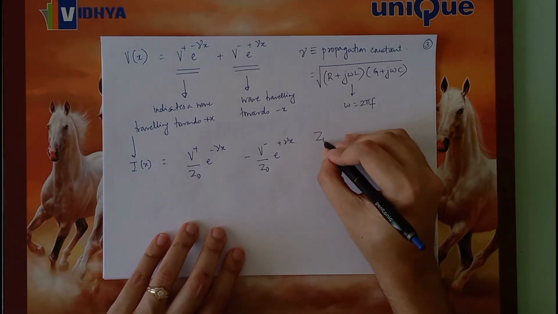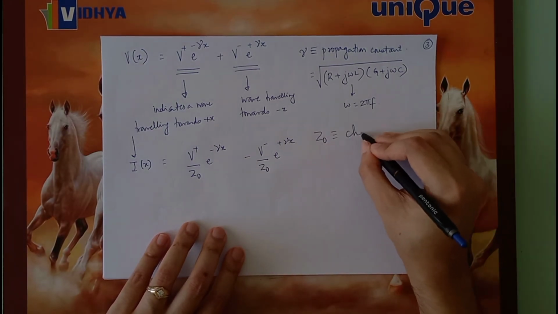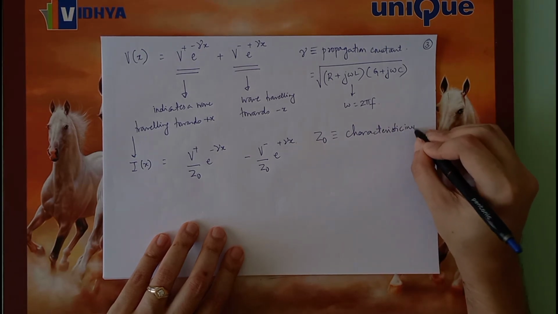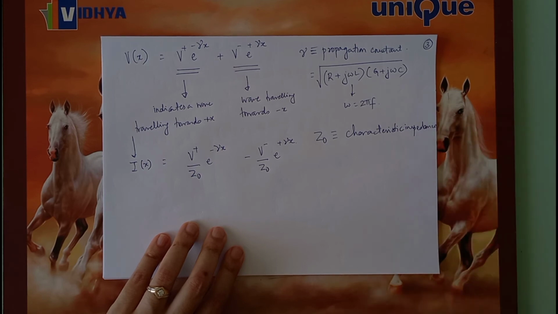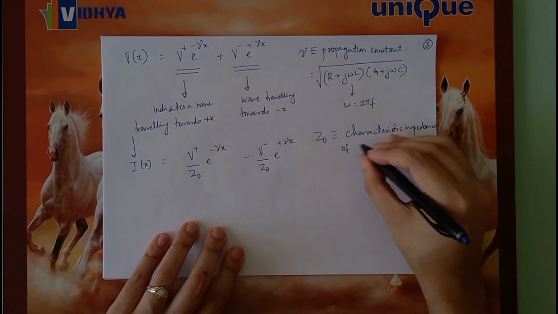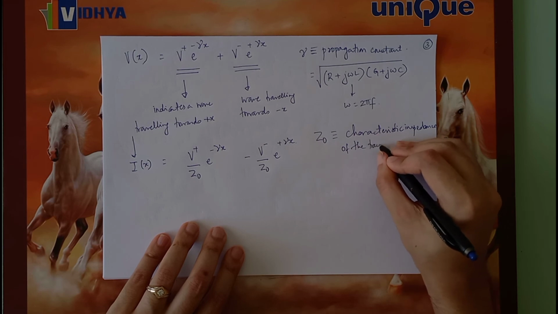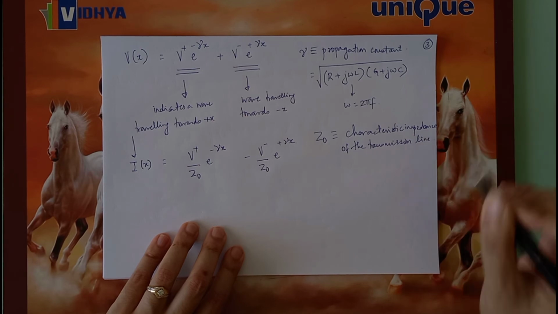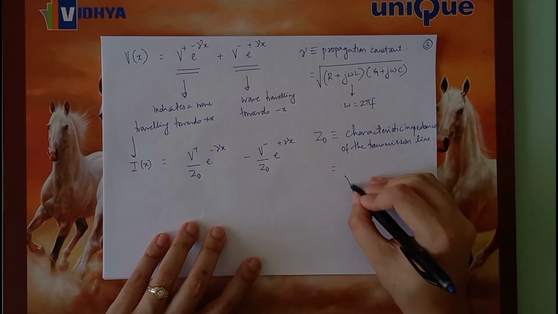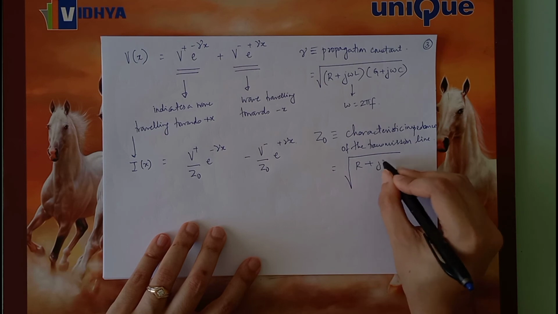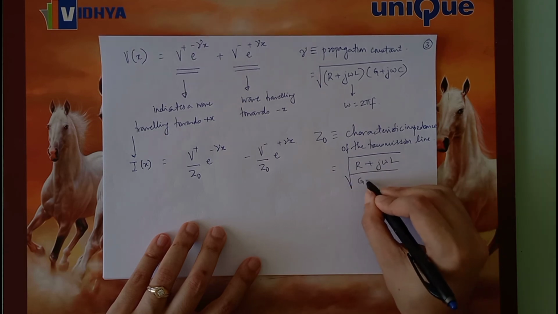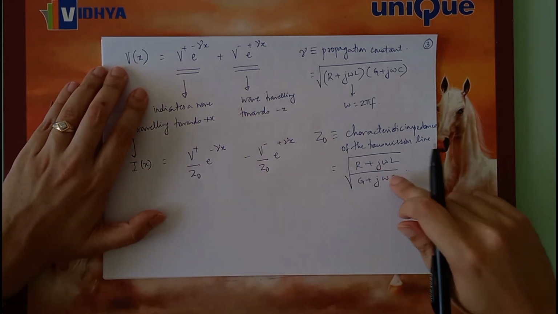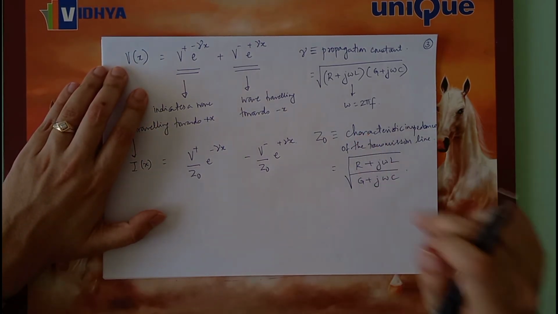This term Z0 is called the characteristic impedance of the transmission line. And by formula, that looks like this. You can do a sanity check yourself and find out that indeed this has the dimensions of impedance.